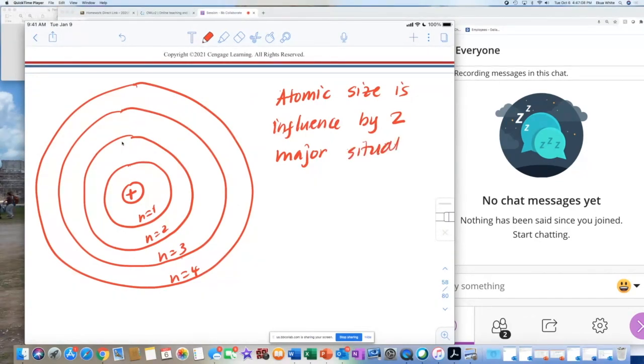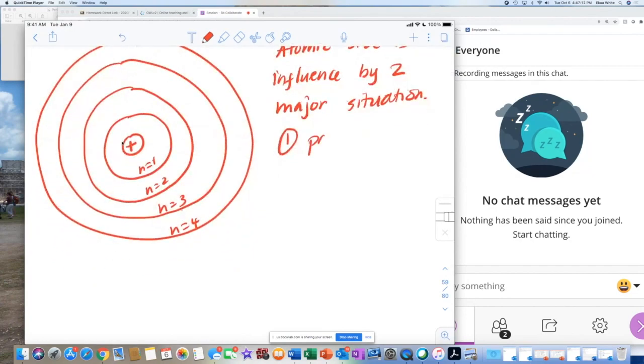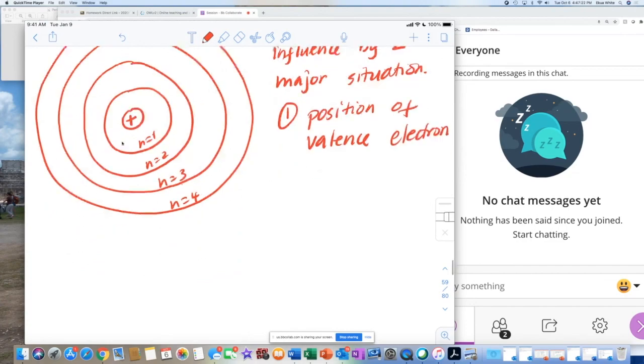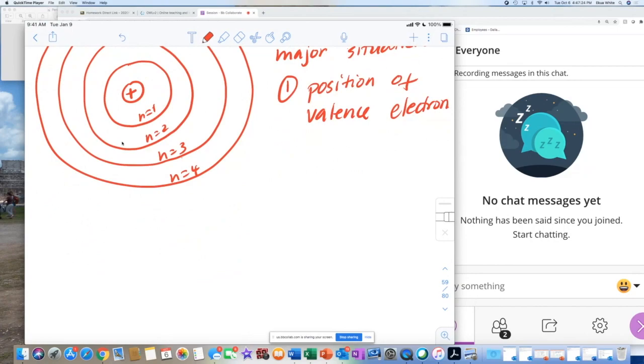Number one, position of valence electron. I would say number one is the most objective one. Number two is the nuclear charge.